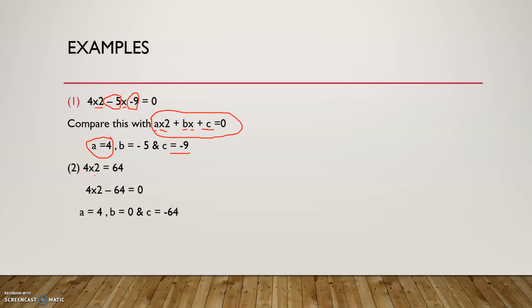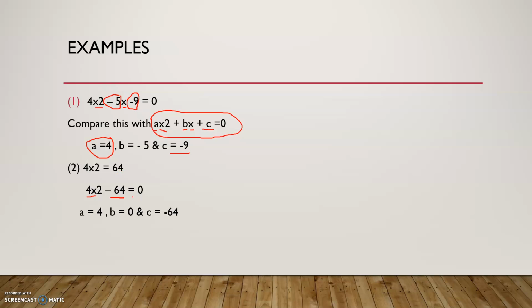We have 4x squared equals 64. So we do a bit of rearranging here. We get 4x squared minus 64. The way we've done it is we just followed a shortcut: we subtracted 64 from both sides of the equation to make it 0 on this side.